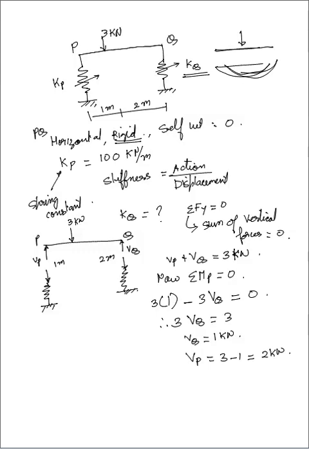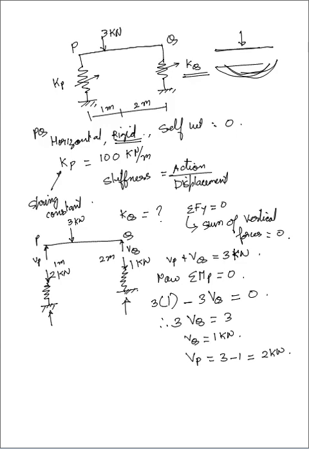Vp is equal to 2 kilonewton, right? So this 2 kilonewton will be acting in downward direction on this spring, and Vq is equal to 1 kilonewton, so 1 kilonewton will be acting in downward direction. Again there will be reaction over here. Now individually we will see.